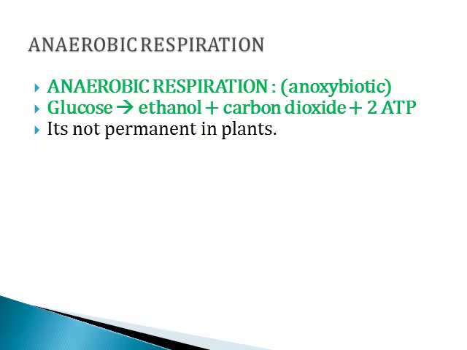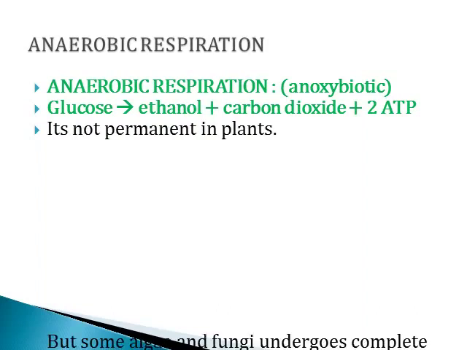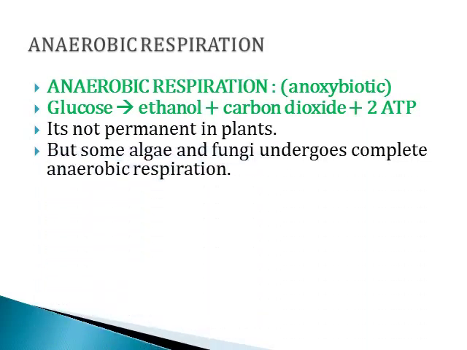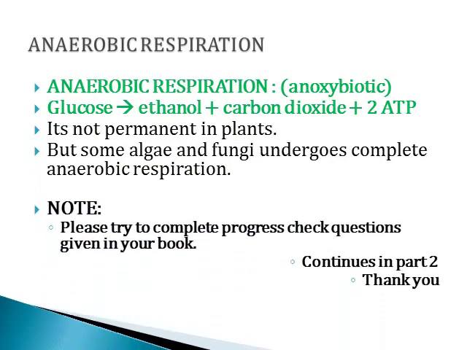Here ethanol is released as a byproduct, and ATP is synthesized in very small amounts because it is an incomplete oxidation. In plants it is not permanent, but some algae and fungi undergo complete anaerobic respiration. Some bacteria, algae and fungi can respire throughout life without oxygen.